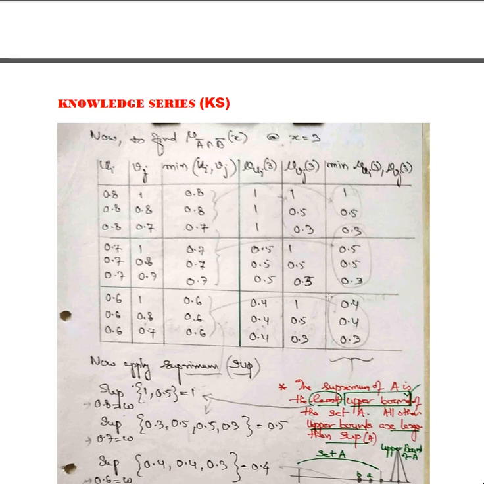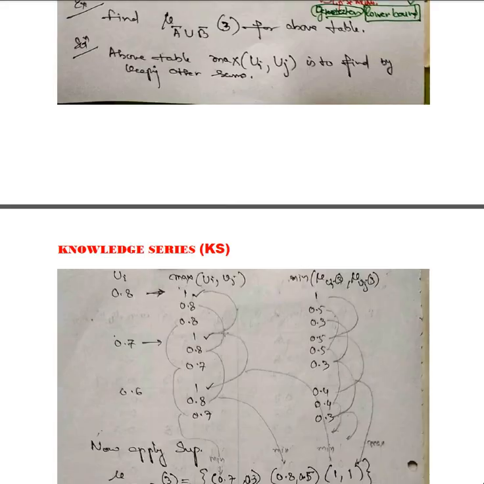And here it remains the same minimum operation. So when you do this, with the maximum operation, you will get different values, like 1.8, 0.8, 1, 0.8, 0.9, 1, 0.8, 0.7. Like that you will get the values.